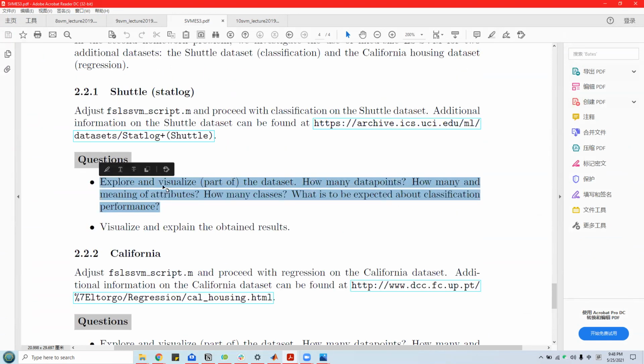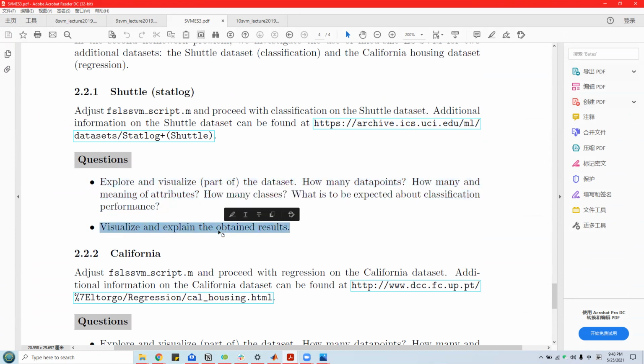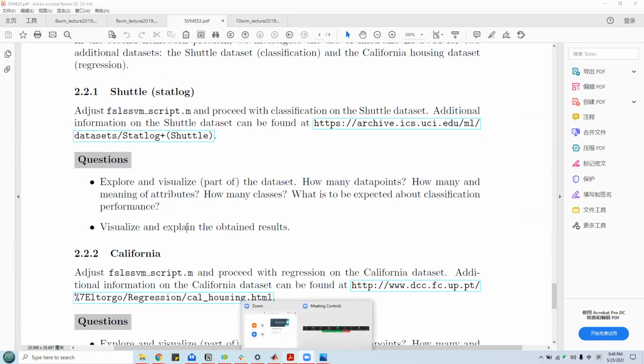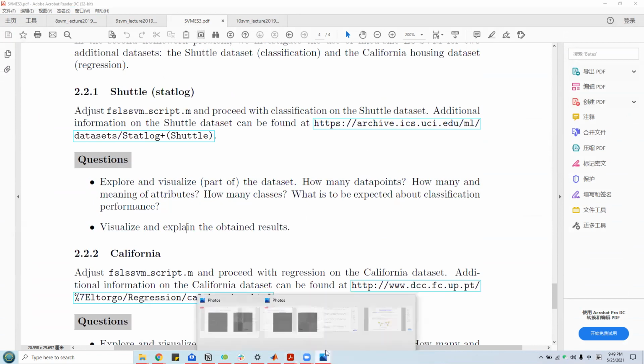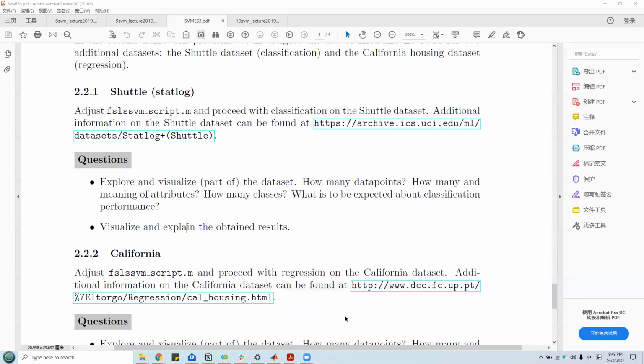So in the first question, I don't think that needs too much explanation. You found everything online using this, and then you visualize and explain the result. In this one, it's just to verify what everybody is getting. We're not going to explain too much why you get this, because I don't think there's a very clear answer to that right now.